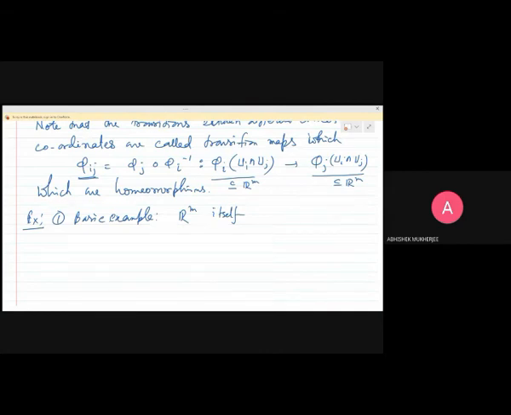Now, the empty set is vacuously a topological manifold, which is called the null manifold or empty manifold.